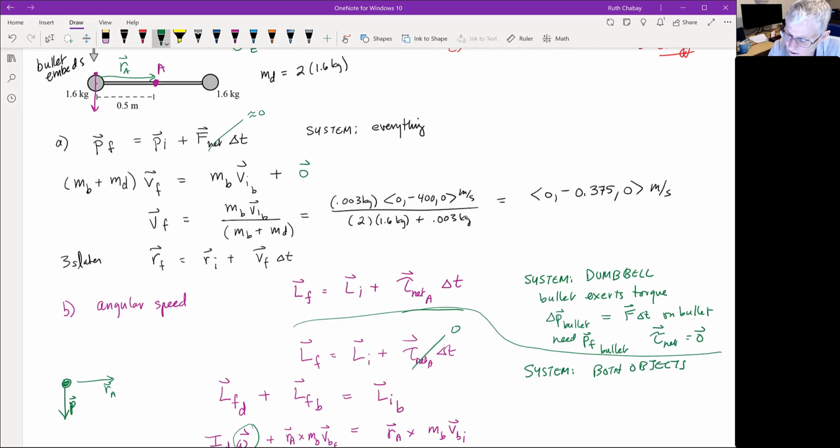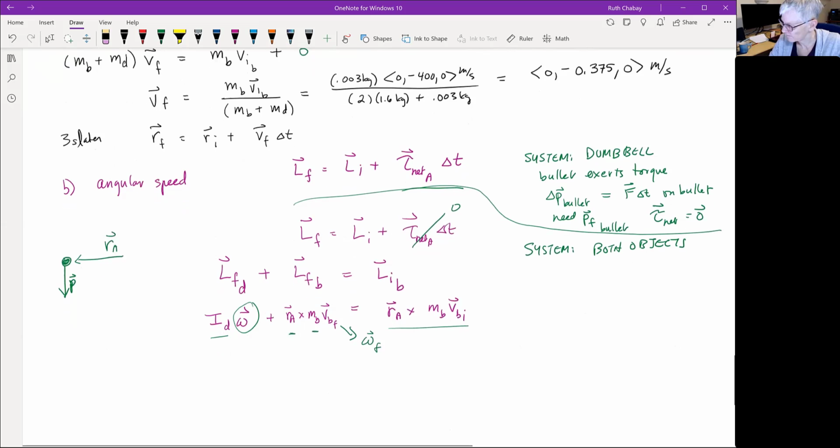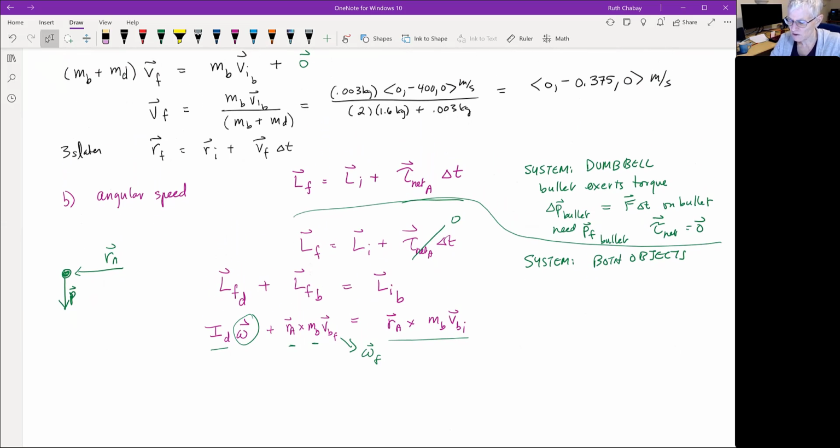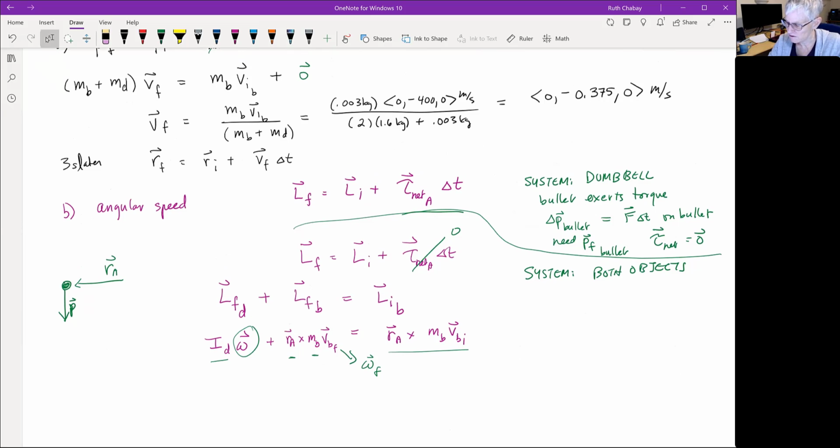Oh, I actually drew R sub A backwards, didn't I? You guys should have caught that. R goes from the center to A, okay. So it's R cross P, this quantity here.